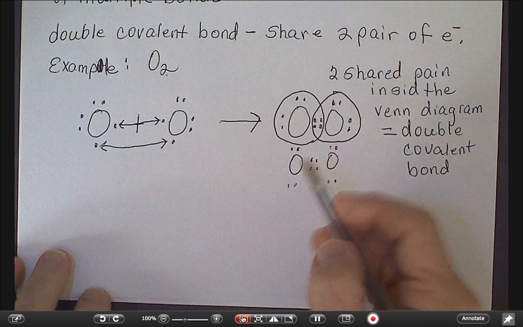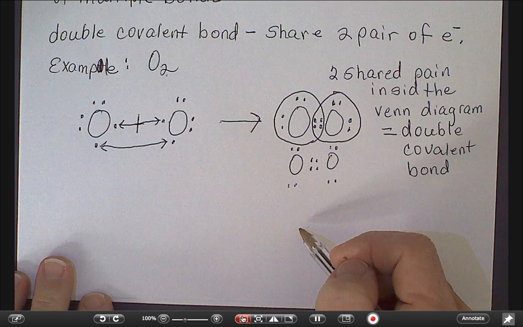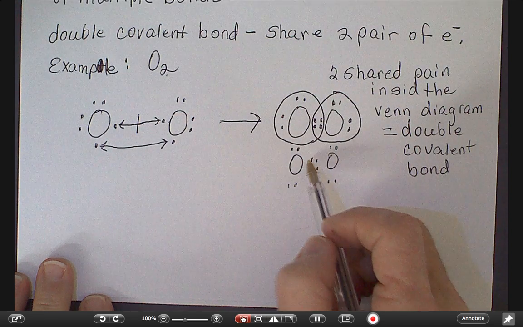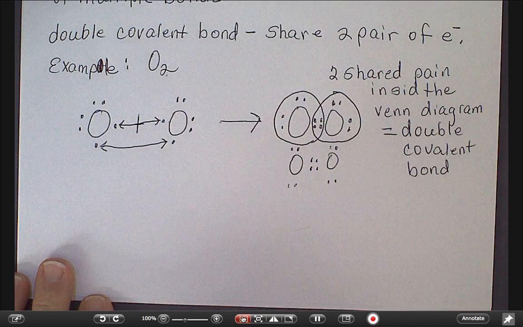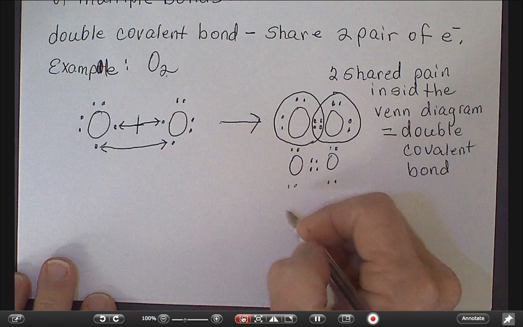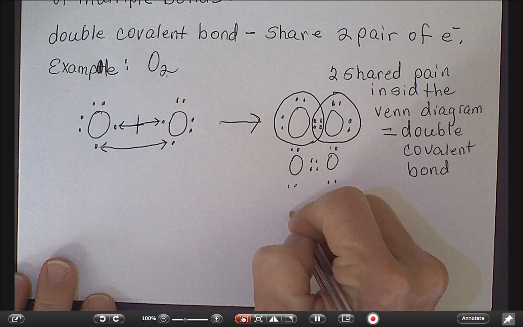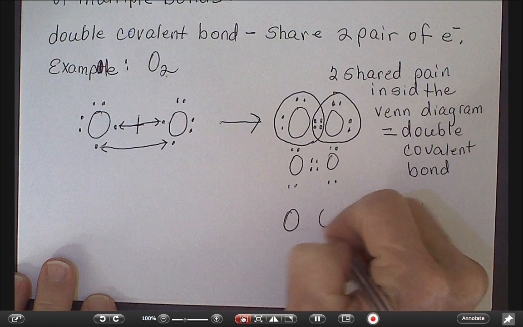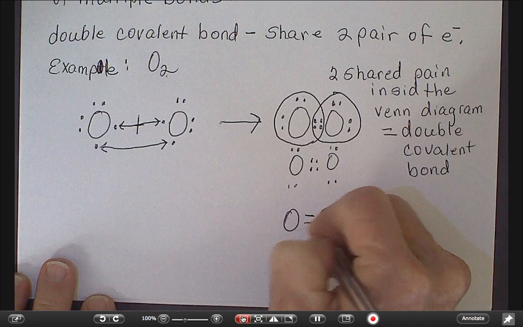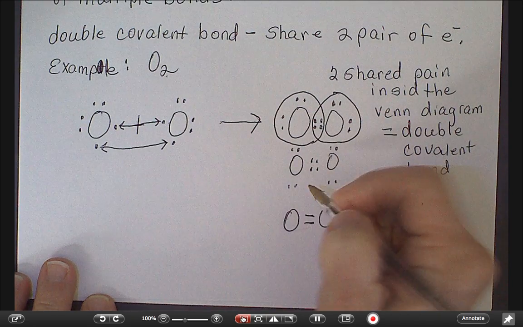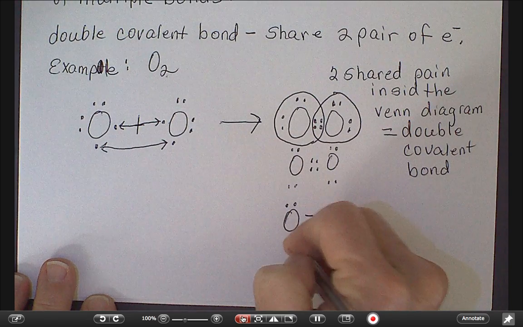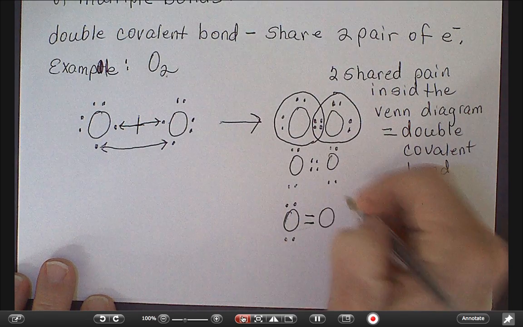Now then, another way that you can see this drawn, instead of using dots in the shared pair, you can use what did we learn yesterday? Straight lines. Yes. So let's do this one again, the oxygen, and we're going to substitute the two straight lines. And you can put your dots either way.